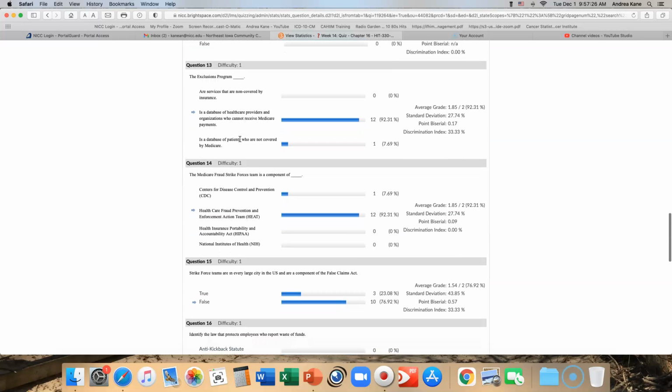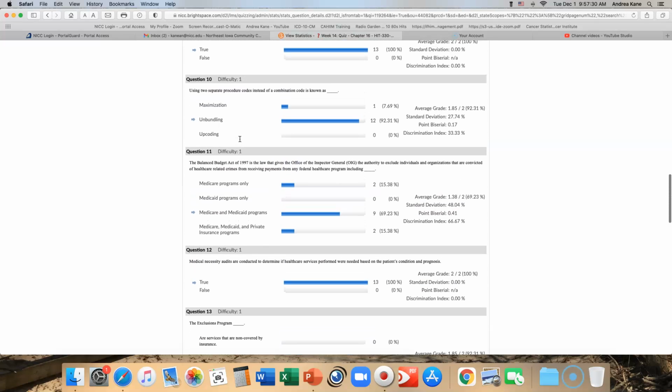So that was the answer on that one. And where would you have found that? That Balanced Budget Act was back here on page 505. And it specifically says including Medicare and Medicaid programs. So that's where you would have gotten that answer.